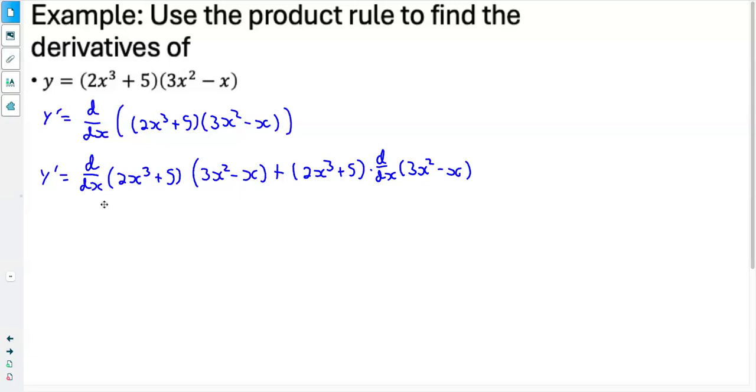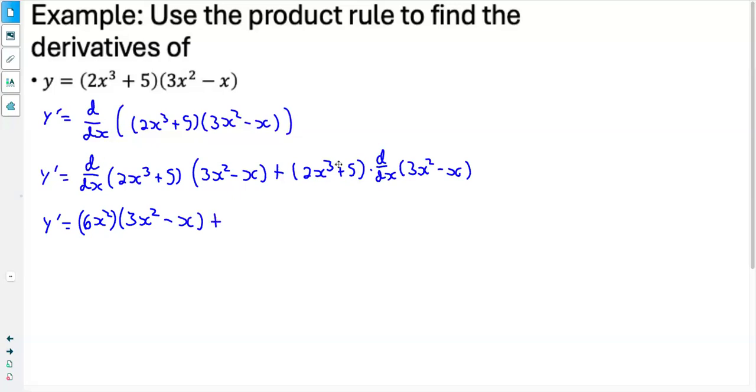So next step, we'll take the derivative of this function and the derivative of this function. So our derivative is equal to, when we take the derivative of this, the 3 will move in front, multiplied by 2, so that'll give us 6x squared. The derivative of a constant is 0, so we just have 6x squared times 3x squared minus x.